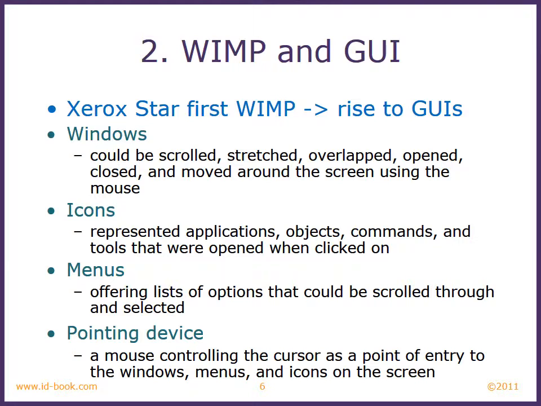It encompasses all the aspects of the window: scrolling, stretching, overlap, close, move around. Icons mean objects, commands, so a person will be able to recognize what is to be done. The menus are listings of the options, and then the pointing device, the mouse controlling cursors, is the point of entry to the windows.